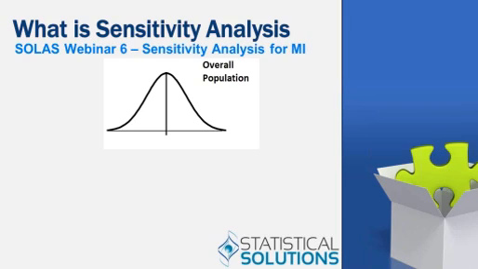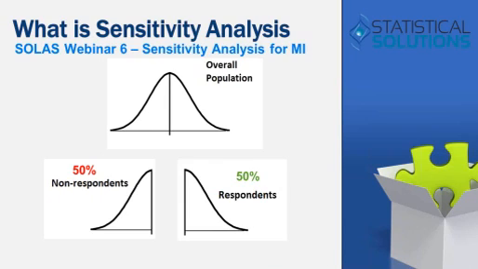And the 50% that we got was in the right-hand side of that curve, and the 50% non-response is in the left-hand side of that curve. So it just looks like this. This is an extreme case, but we have a direct split in the respondents in our study.